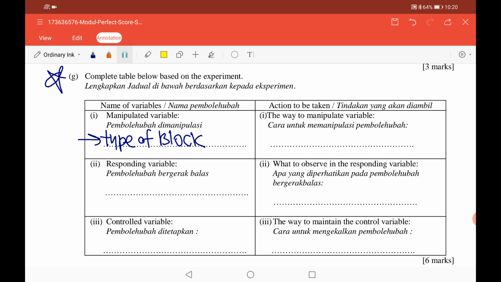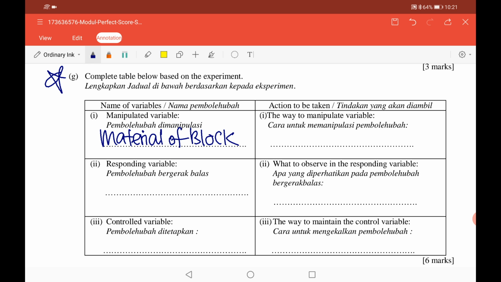Bronze and copper are used to build the block, so a better answer is to put the word "material": material of the block. That would be a better answer.